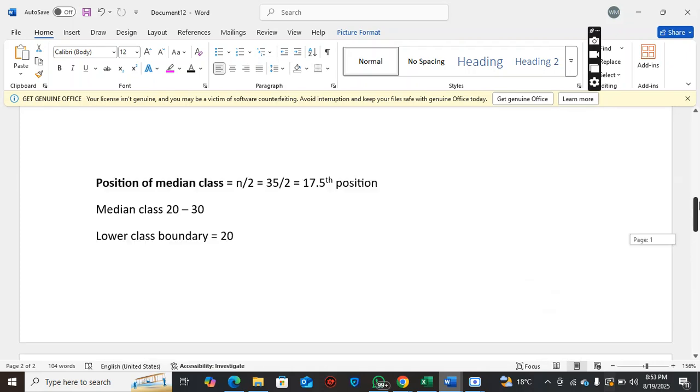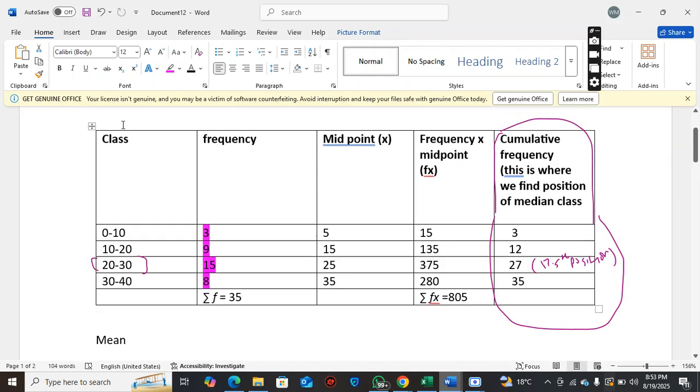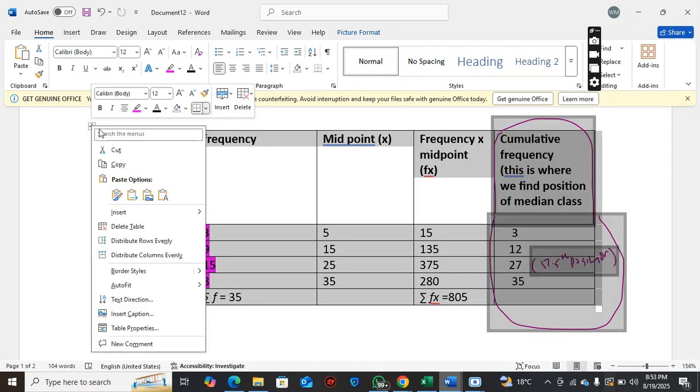So maybe let me bring the table here so that I'm not scrolling up and down.